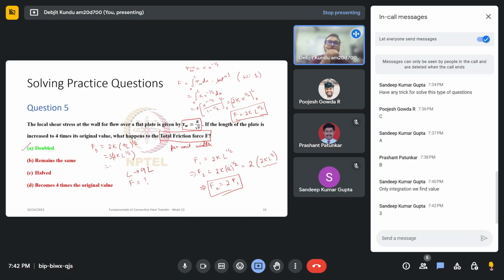This is F1, so it equals 3 F1. It would be triple. 4.5 times, I think. 4.5 times, how? There is a 9 within the square root. So the square root of 9 is 3, and that 3 would come out, and the rest of the stuff remaining is nothing but the original friction force that we started with, F1.